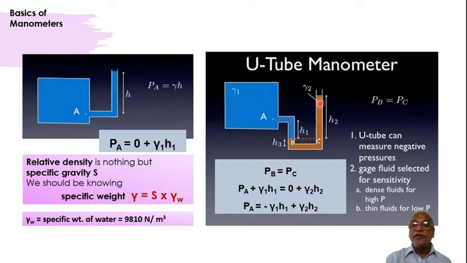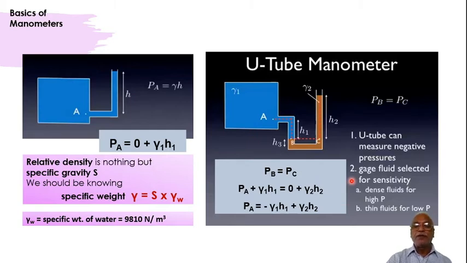We are moving inside the liquid of gamma 2 through a distance of H2, that's why it is gamma 2 H2, which makes the pressure at C. And now these two are equal. Now I can write the expression for PA as minus gamma 1 H1 plus gamma 2 H2. This is how to analyze manometers. Okay, now we'll see actual problems.